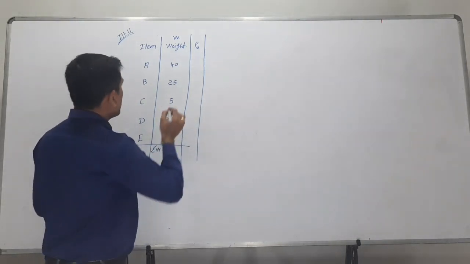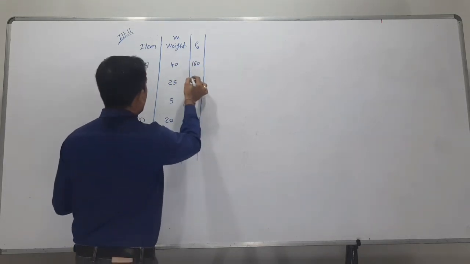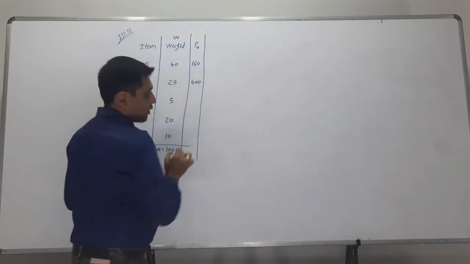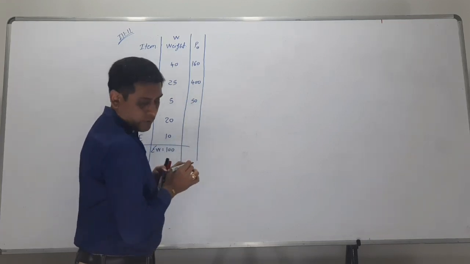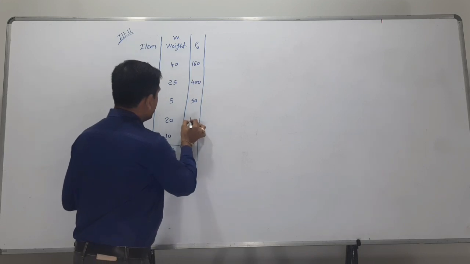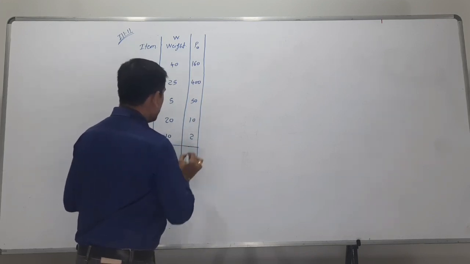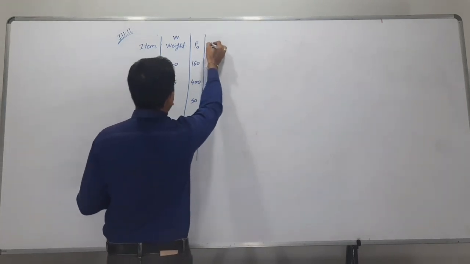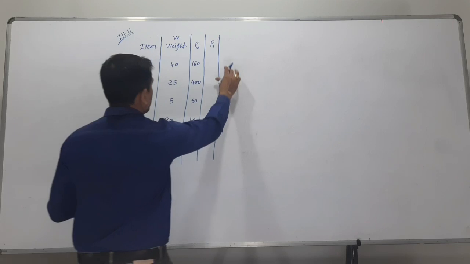It is given as 160, then 400, then 50, then 10, and then 2. That is P0.